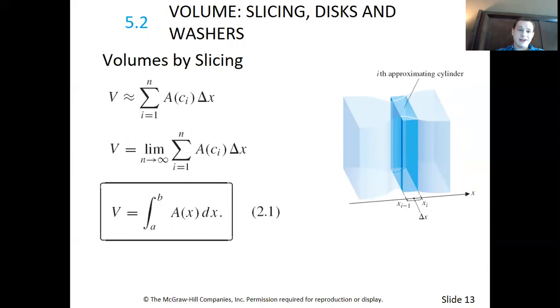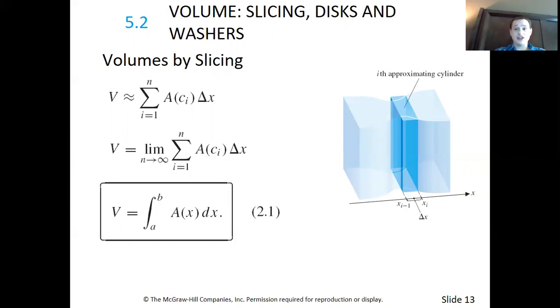Right down here in this box is probably the fundamental thing. If you take an area of something times its thickness, that gives you a little tiny piece of volume, dV. So dV is like a dx, whatever the area is. If you slap some integrals on it, and that's the easy part, once you set up the differential dV equals A dx, the calculus is really easy after this, as I've alluded to many times.